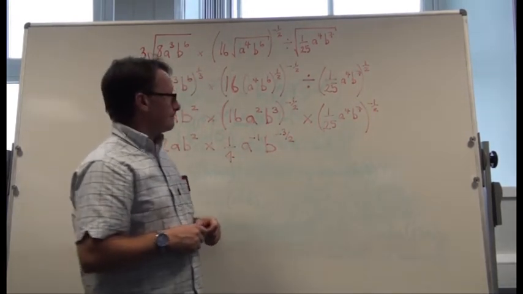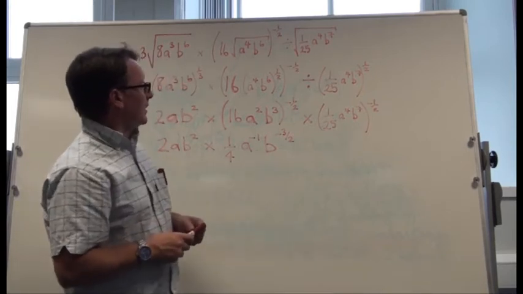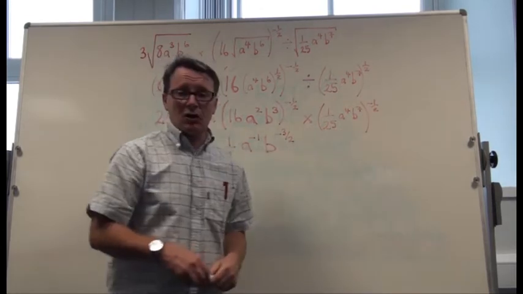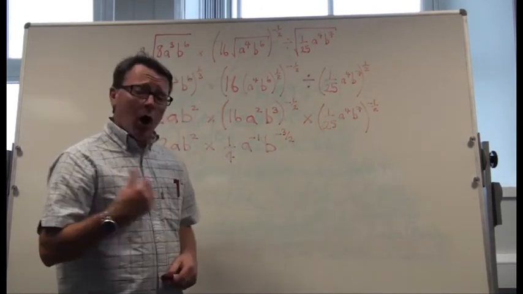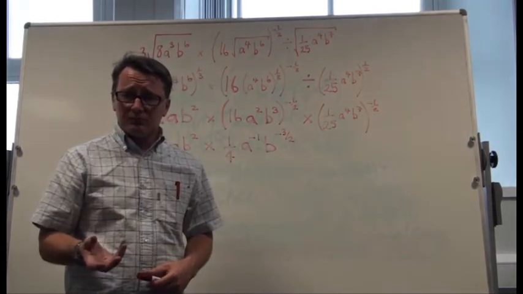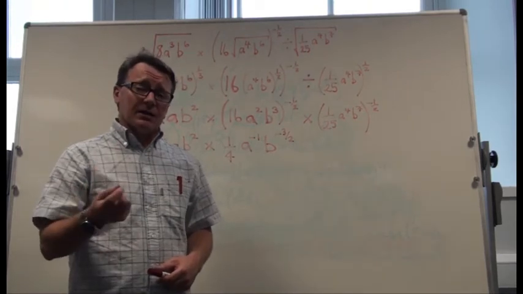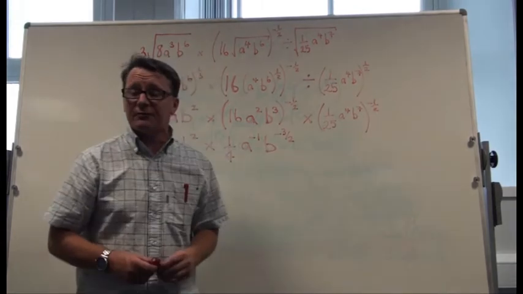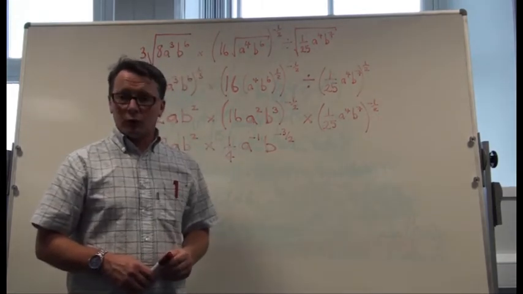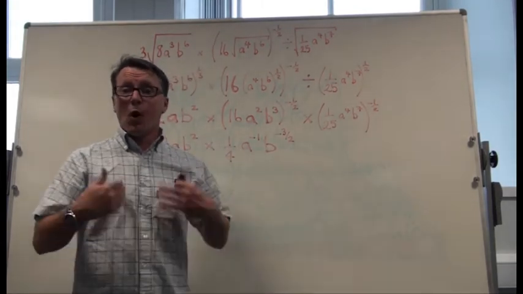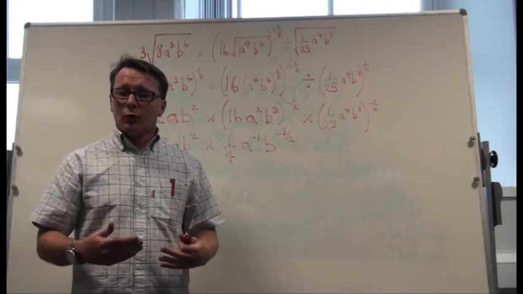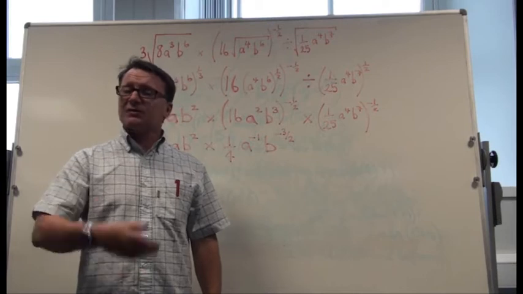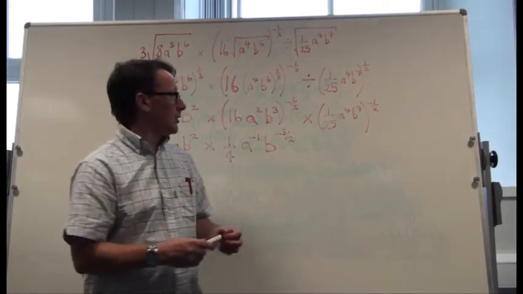And then finally, what do we have here? Again, it's another something raised to the power minus a half. The half means it's a square root. The minus means it's 1 over. So in our case, it's the square root of 1 over 25, which is 1 over 5. And I have to find 1 over that. 1 over 1 over 5 is just 5. It's the reciprocal of a reciprocal.